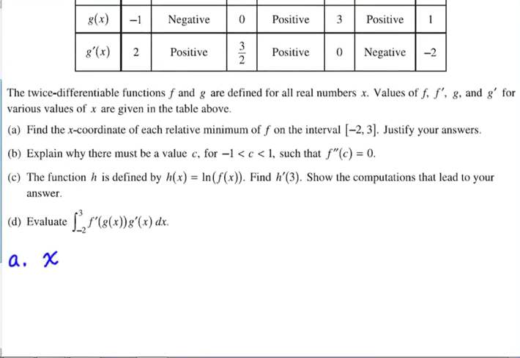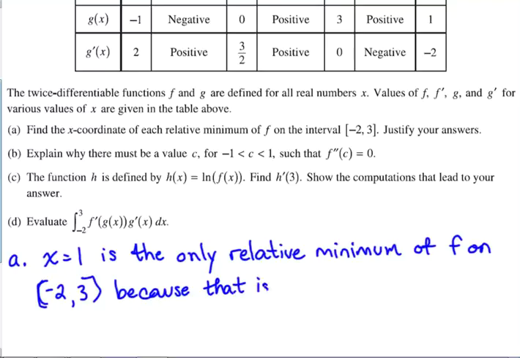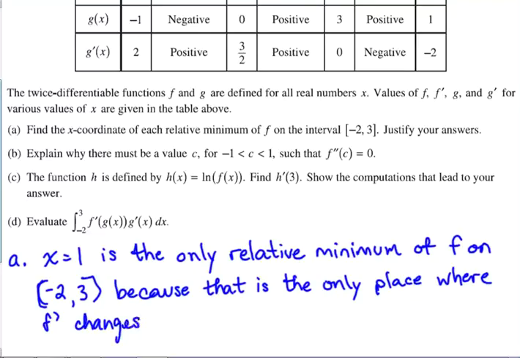So part A, x equals 1 is the only relative minimum of f on -2 to 3, because that is the only place where f prime changes from negative to positive.